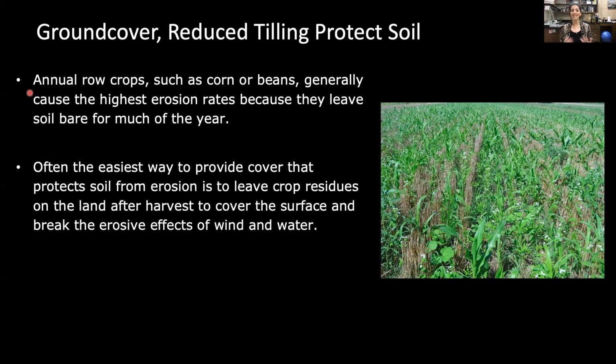So often the easiest way to provide cover to the soil for protection is to leave the crop residues on the land after the harvest and just allow it to sit and cover the soil. That way it's protecting the soil from the effects of wind and water, and it's also allowing the residual nutrients within that leftover crop to seep into the soil.